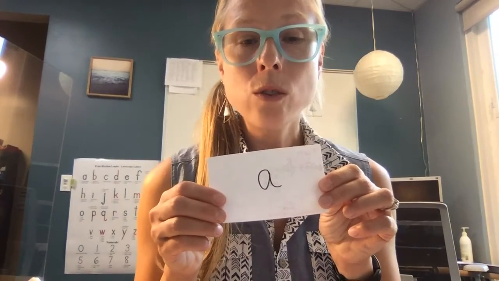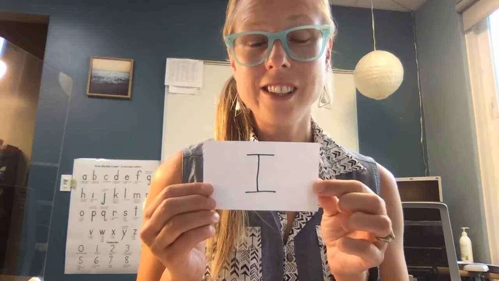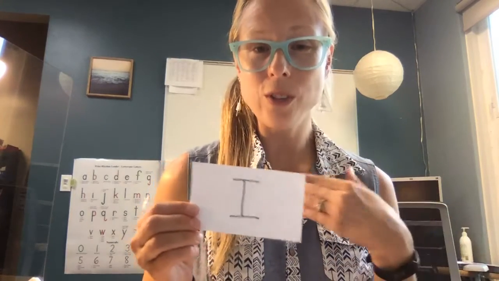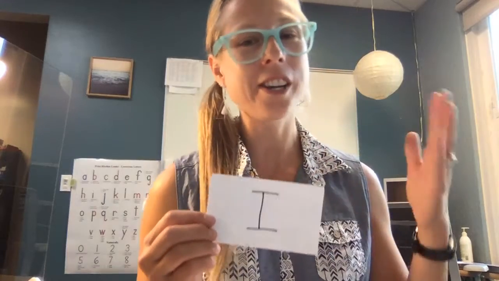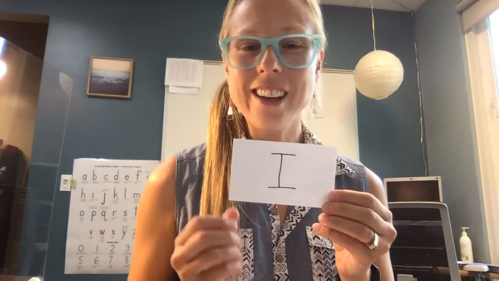You can write your words on your dry erase board and then check them when I hold the cards up, okay? What does the word I look like when you're writing? It's a capital. Whenever you're speaking about you and you want to say, I am happy, or I am Miss Adrienne, or I have a dog, always make sure it's a capital I.